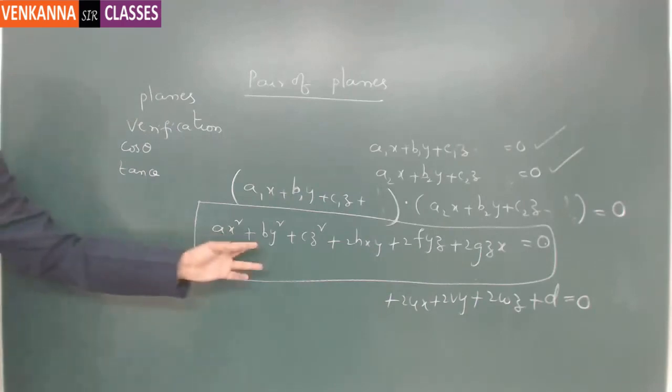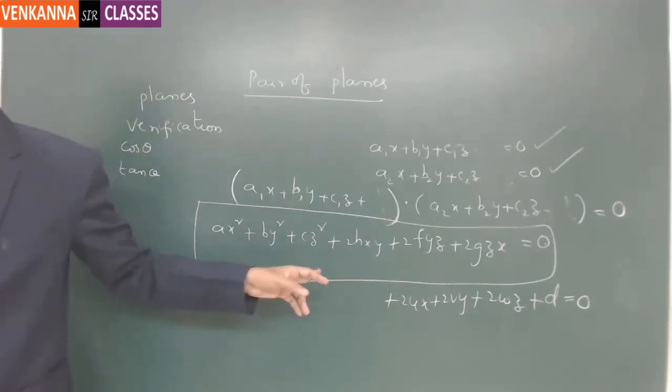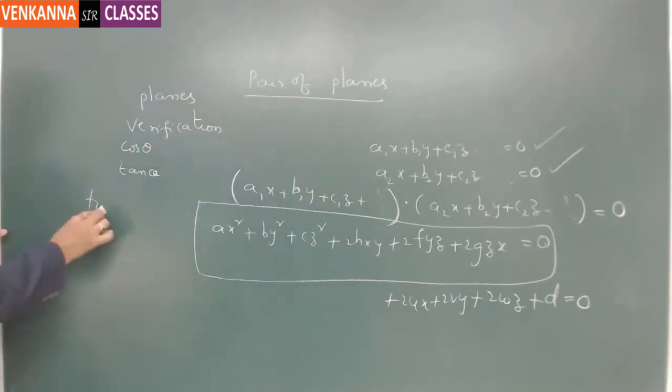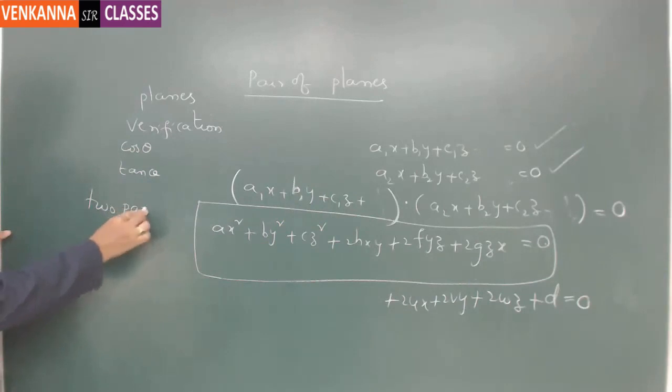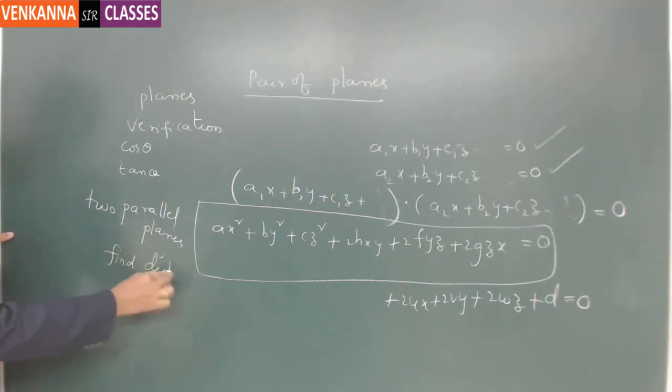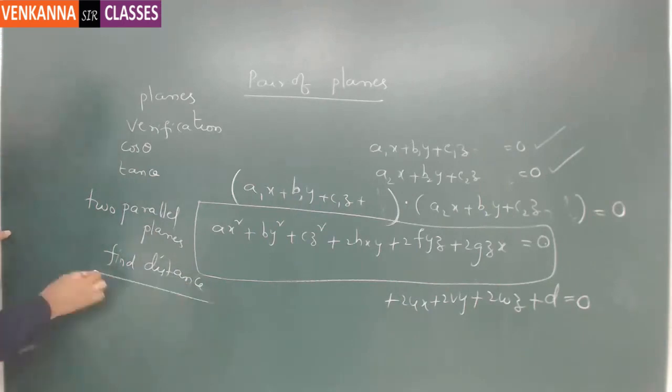Whenever a big equation is given to you, if that big equation gives two parallel planes, find the distance between them. So these are the similar questions we regularly get over this model.